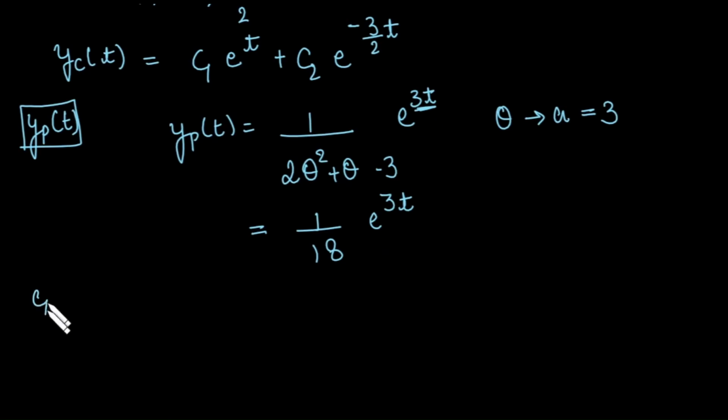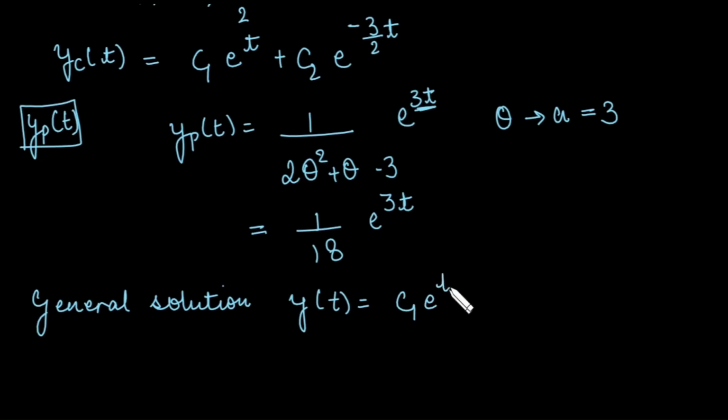So finally the general solution is y of t is equal to c1 e raised to power t plus c2 e raised to power minus 3 by 2 into t plus 1 by 18 e raised to power 3t. Since we have the question in terms of x, we need to write the answer in terms of x instead of t.